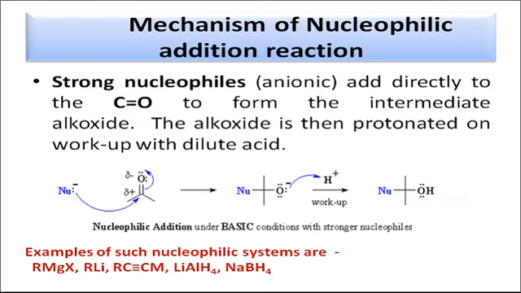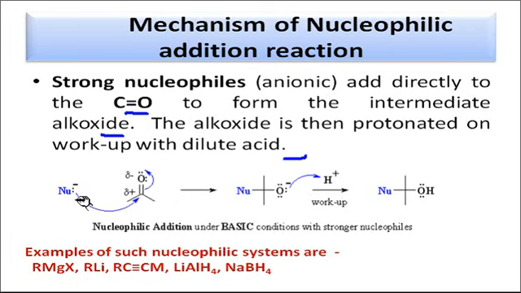First is the case where the nucleophiles are strong nucleophiles. What does it mean, strong nucleophiles? It means these are the species which can easily donate their electrons. These can directly add on to the carbonyl compounds to form the intermediate alkoxide, and then the alkoxide is protonated and the final product is formed.